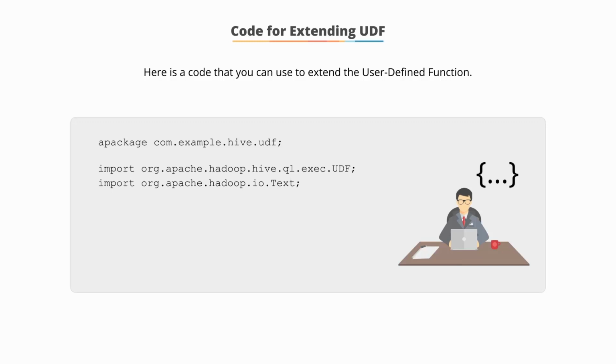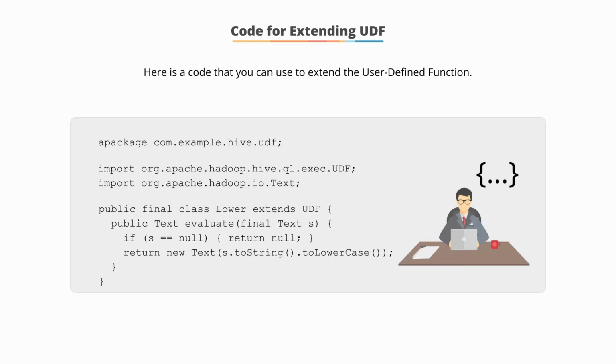This allows us to declare a function public final class Lower, which will extend the UDF, and the command public Text evaluate(final Text s), where if s is equivalent to null, then return null. Otherwise, return new Text and then execute the Text toString toLowerCase function. This will allow us to read the text in and convert it to lowercase using our own custom-defined UDF.